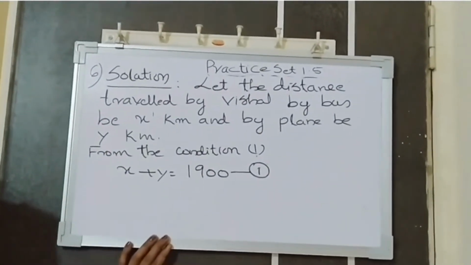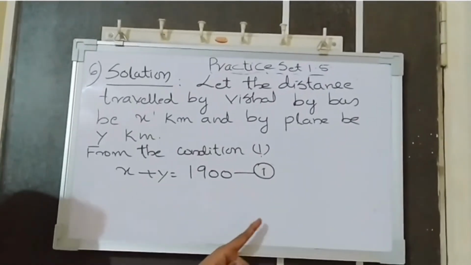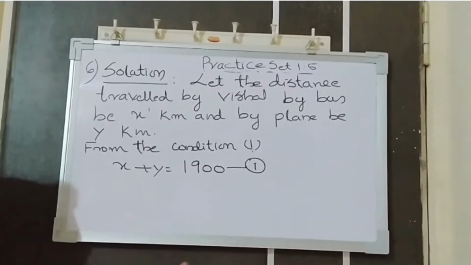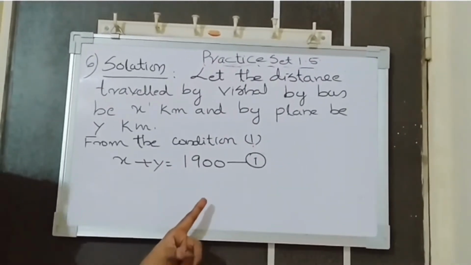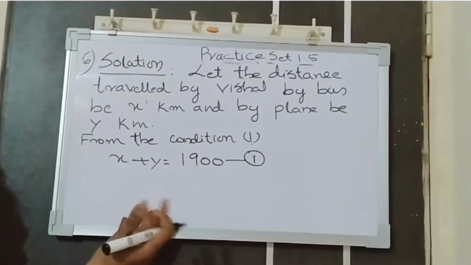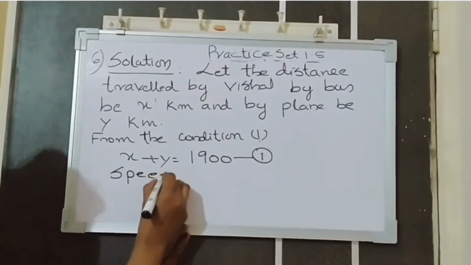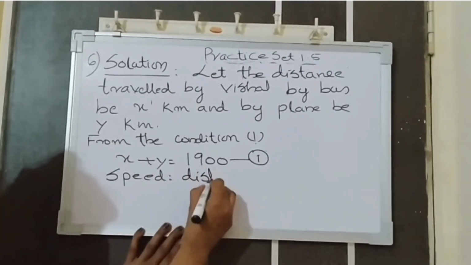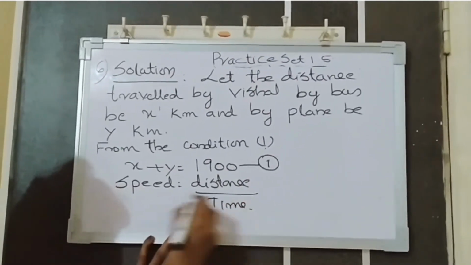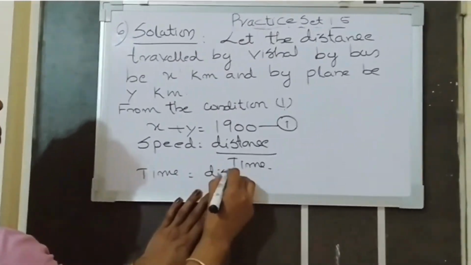And second, it is given that it takes 5 hours to complete the journey, and the bus travels with an average speed of 60 kilometers per hour and the average speed of the plane is 700 kilometers per hour. The time is given. Speed is equal to distance upon time, therefore time is equal to distance upon speed.